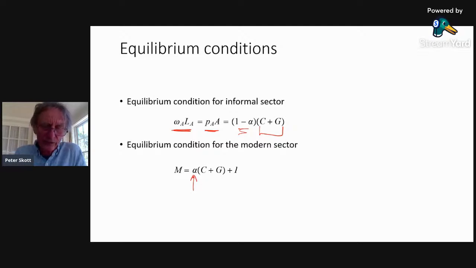The share alpha is going to formal sector goods. So the demand for formal sector goods is equal to alpha times total consumption, plus investment. Only investment uses only modern sector goods. These are straightforward equilibrium conditions.